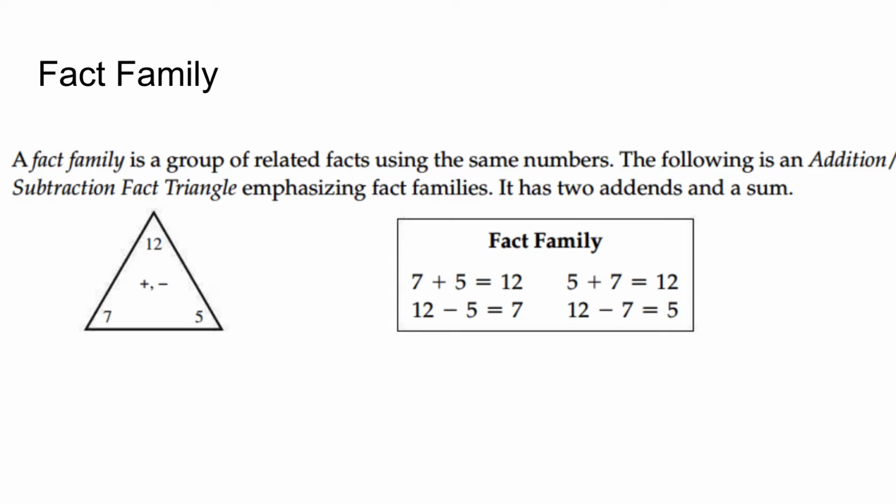But it's easy if they remember things like single-digit fact families. You can also think about some fun games to help your students memorize these. 7 and 5 is 12, 5 and 7, using the commutative property, it's 12. So you can find 12 minus 7 is 5, or 12 minus 5 is 7 easily.